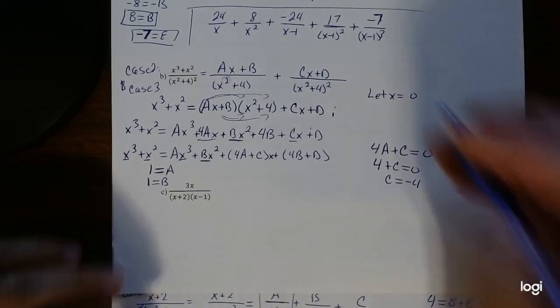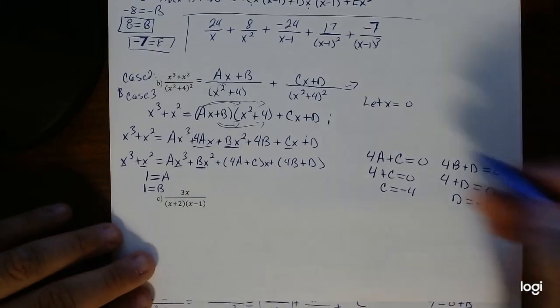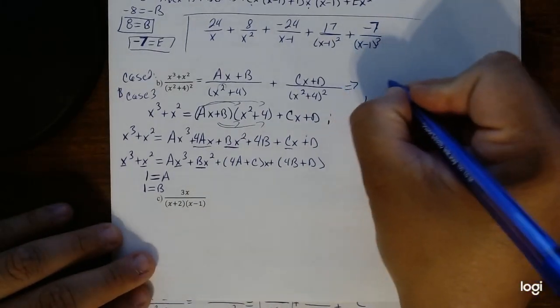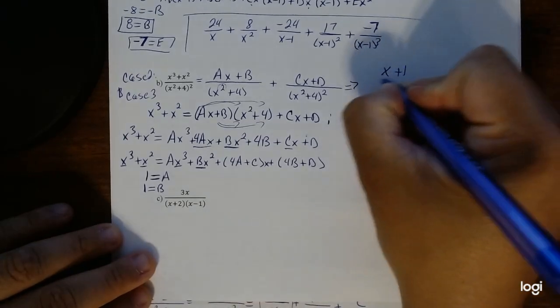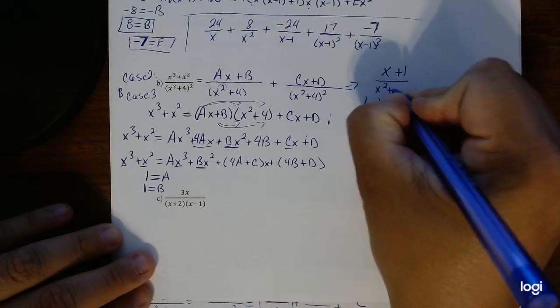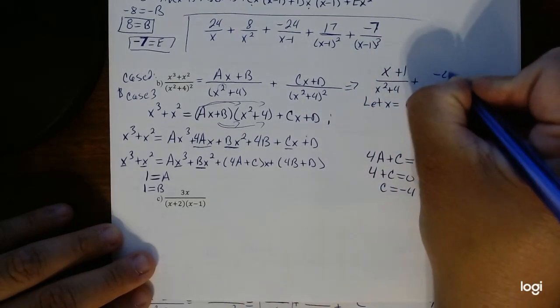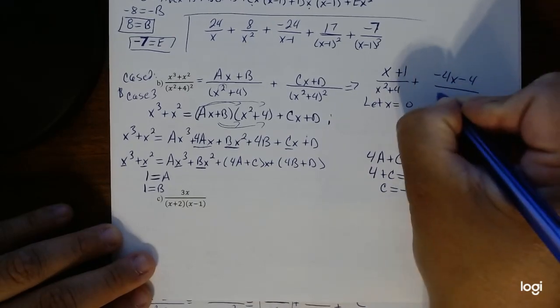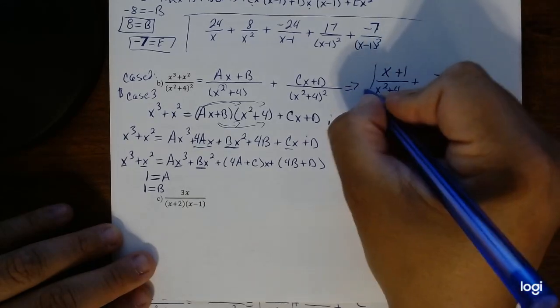So we got our answers. So much easier than the last one, right? So we plug in everything. So a is 1, so we have 1 plus 1 over x squared plus 4 plus, and then c and d are the same. So -4x minus 4 all over that squared. And there's our partial fraction there.